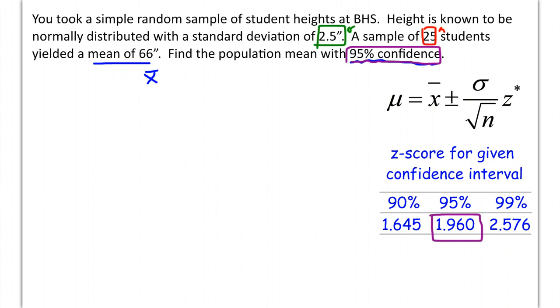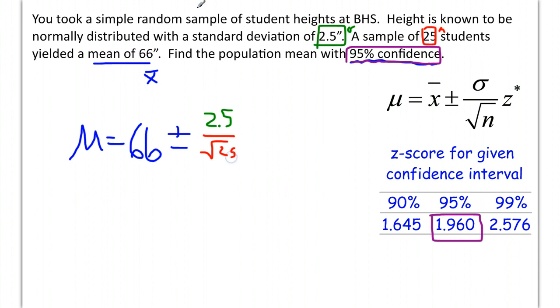So let's plug it all in. Mu is equal to 66 plus or minus my standard deviation 2.5 of the whole population, and I want to update that with the central limit theorem by dividing it by the square root of 25 and then multiplying that all by z star, which in this case is 1.96.